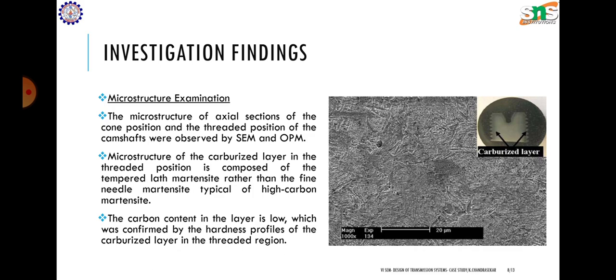The result shows that the microstructure of the carburized layer in the threaded portion is composed of tempered lath martensite rather than fine needle martensite, typical of high carbon martensite.